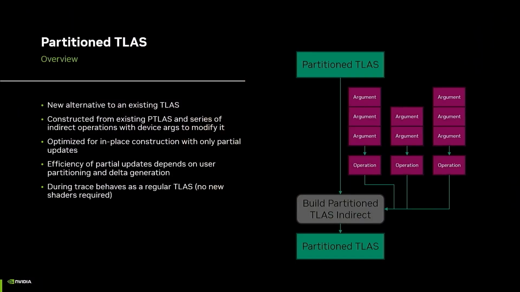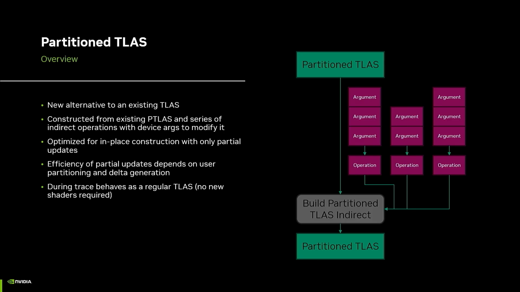So the partitioned TLAS adds a new monolithic data structure as an alternative to the TLAS. It is constructed from an existing partitioned TLAS and a series of modifications. The partitioned TLAS is stateful in effect, in that all its contents will stay there until you modify it. You do this through a series of device-side operations, each with an array of arguments.